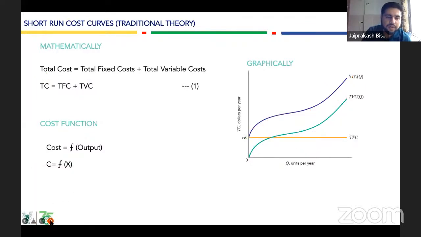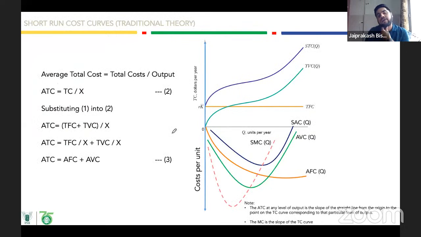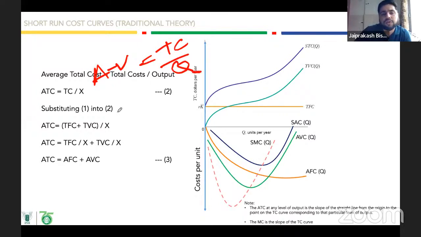Now coming to the average cost. The average cost is equal to total cost divided by quantity of output, which can be represented as ATC equal to TC divided by X. Now we know that total cost is equal to total fixed cost plus total variable cost.